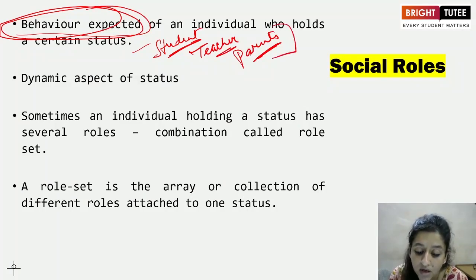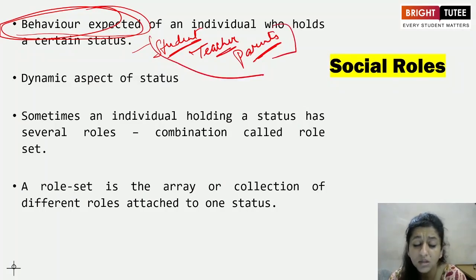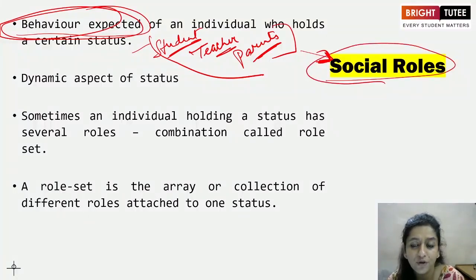All of these are the social statuses which are there. Now the kind of behavior that is expected from you becomes part of the social roles. So it is very easy for us to understand from the term itself: the kind of role that you have to perform owing to the status that you hold in society is what is defined as the social role.